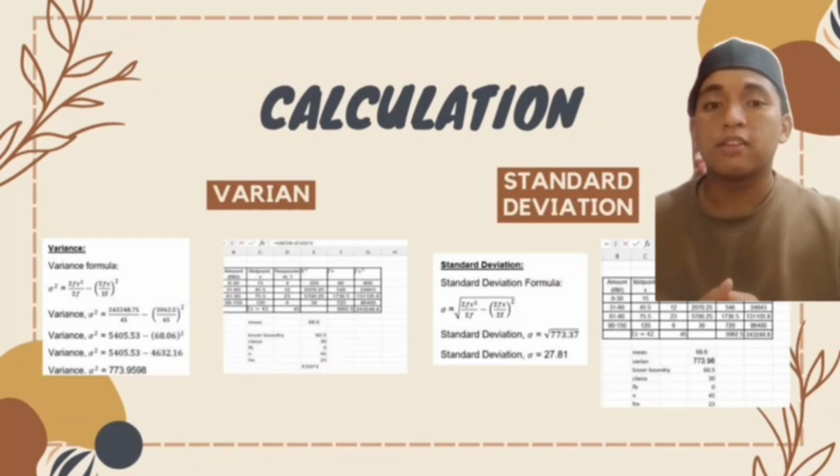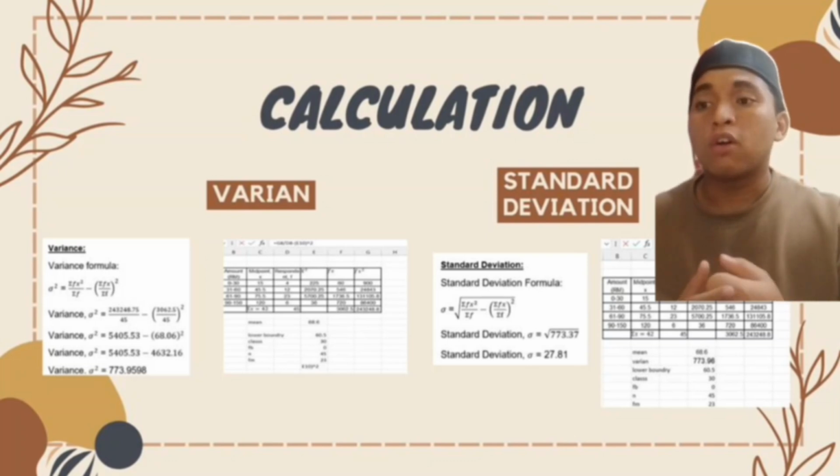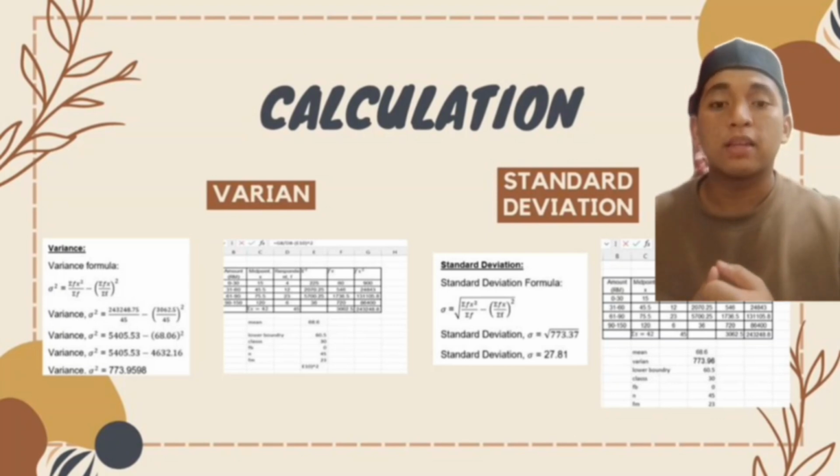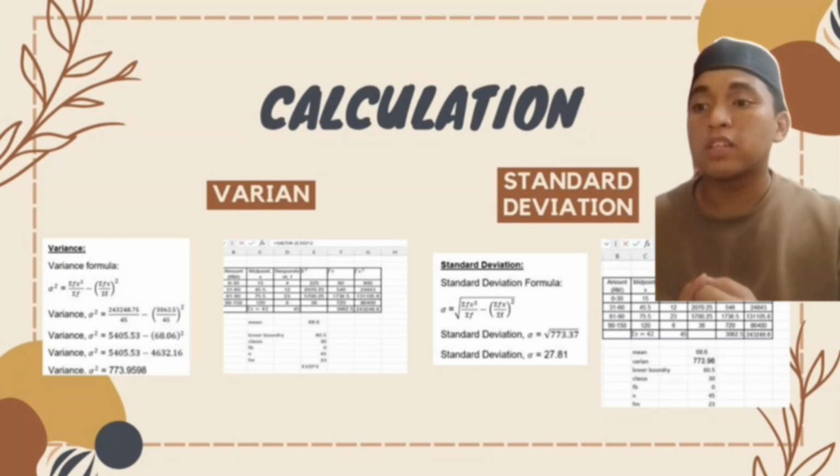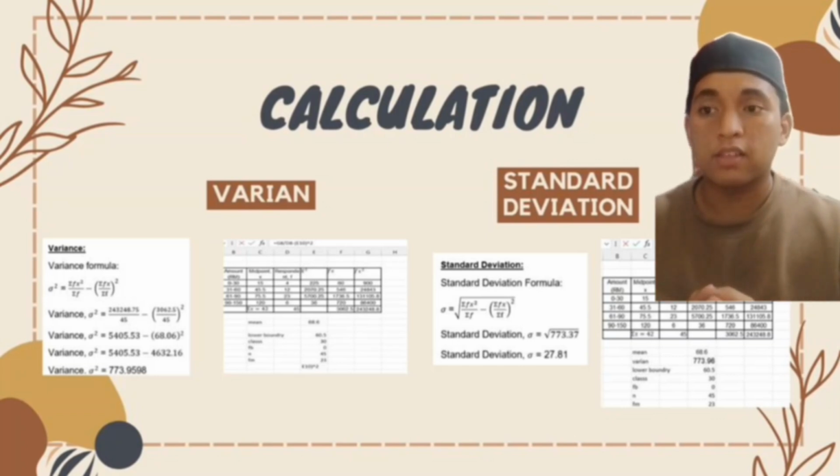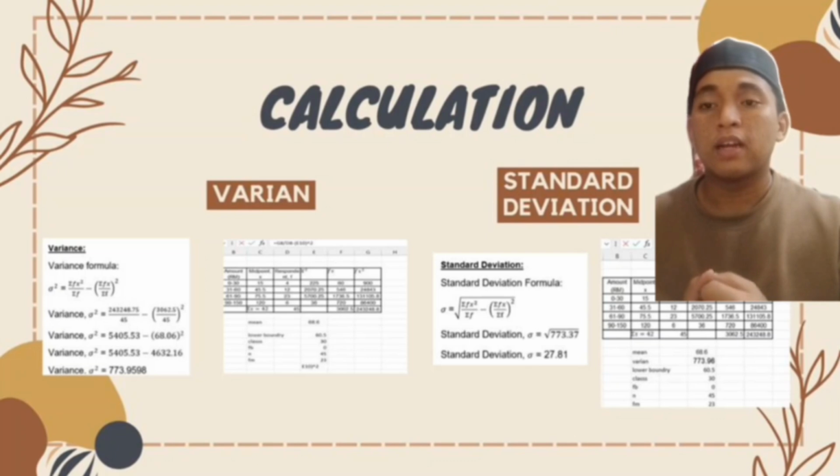Next is the variance. The formula is the total of fx squared divided by the total of f, minus the mean to the power of 2. So the answer is 770.9568. Next we go to the standard deviation.